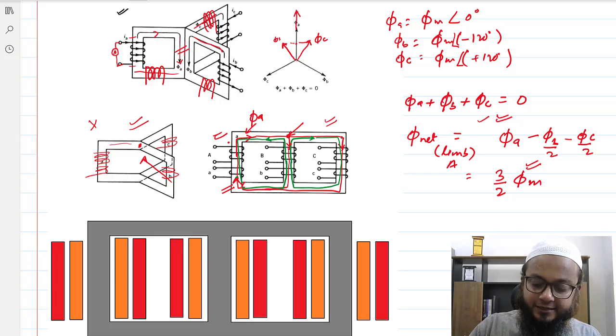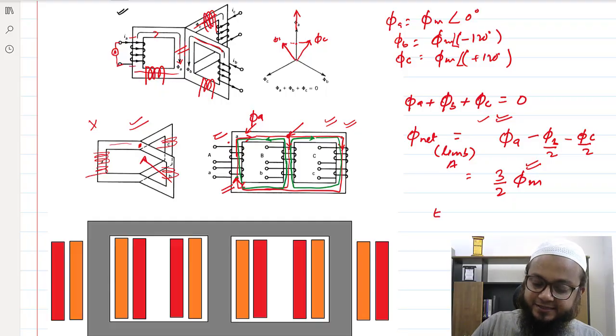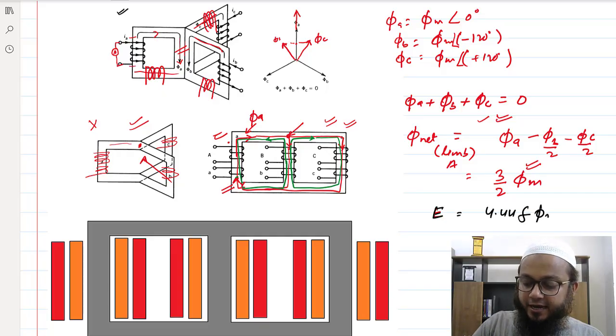That's why in this kind of construction, what I said is even the winding requirement, the number of turns requirement, would be less. If you remember, the induced EMF, I said, is 4.44 f phi m N1, induced EMF, let's say, for the primary winding. So now overall flux has actually been increased here.